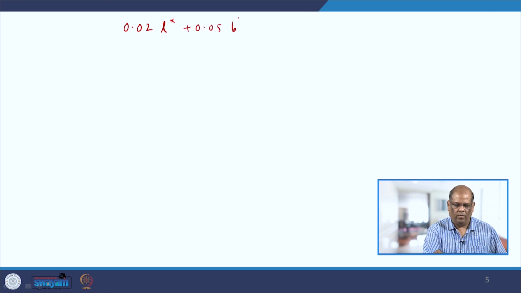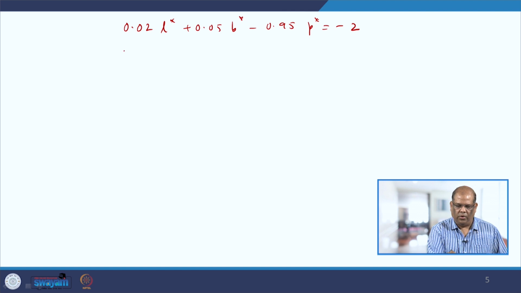So if I do that, I have the equation 0.02 L star plus 0.05 B star minus 0.95 P star equal to minus 2.